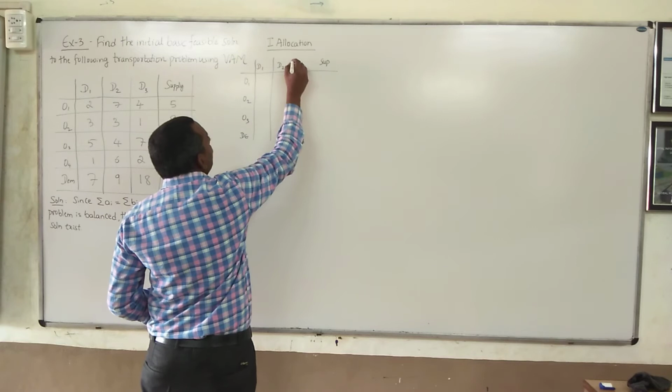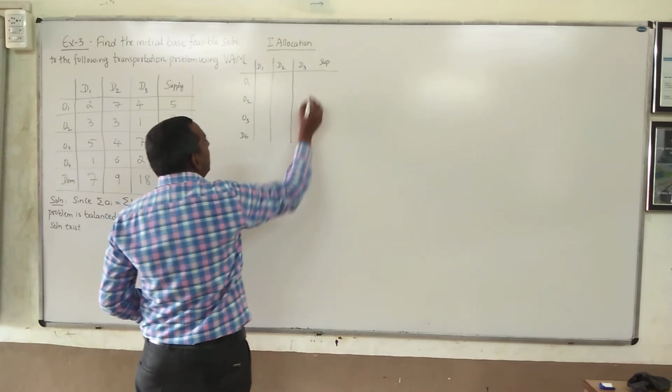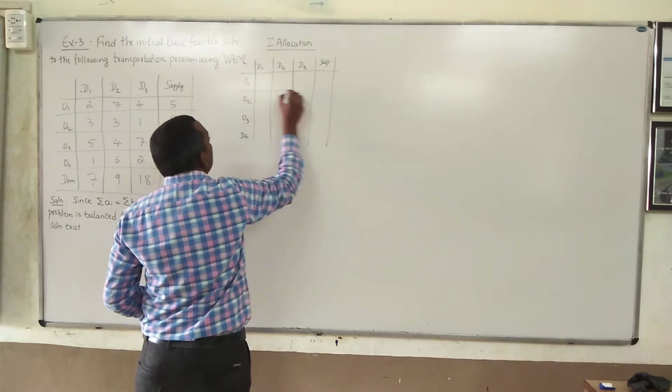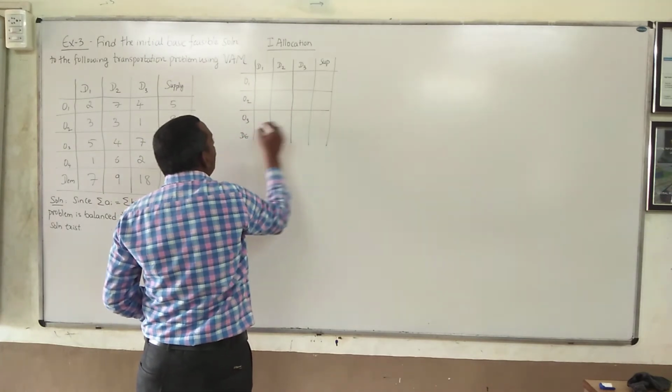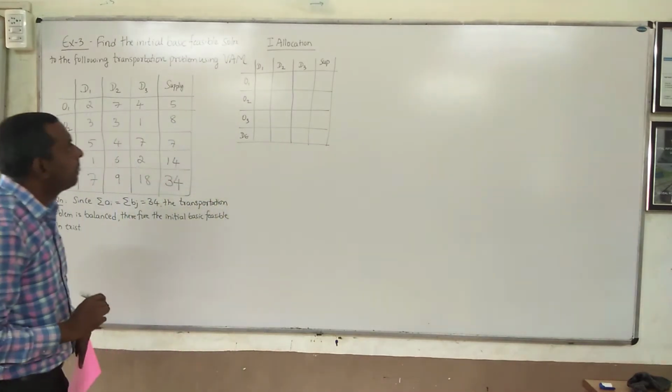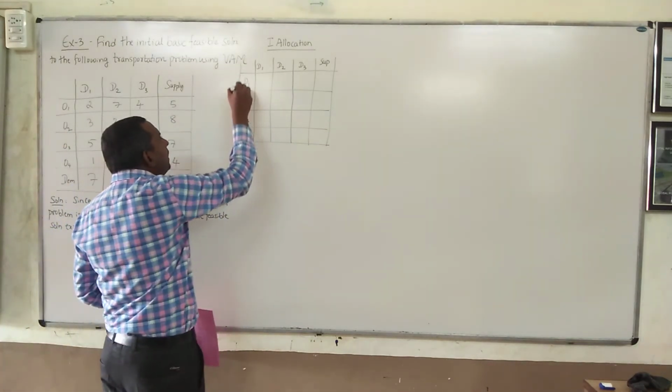I am not going to draw the penalty row and column here. Without the penalty row and column also we can do it. I am going to show how to do it without the penalty row and column. Fine. So let me complete the table here.